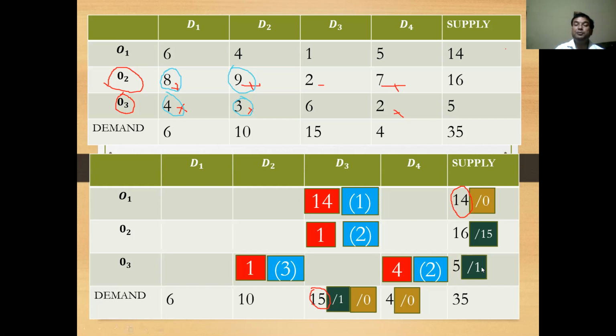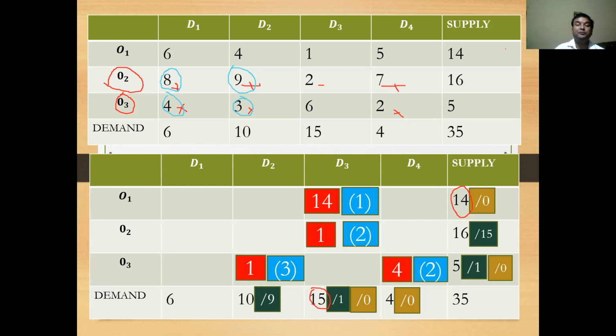Therefore, after supplying the remaining 1 item, this will become 0, meaning origin 3 is now empty, and D3 will still have a requirement of 9 items.